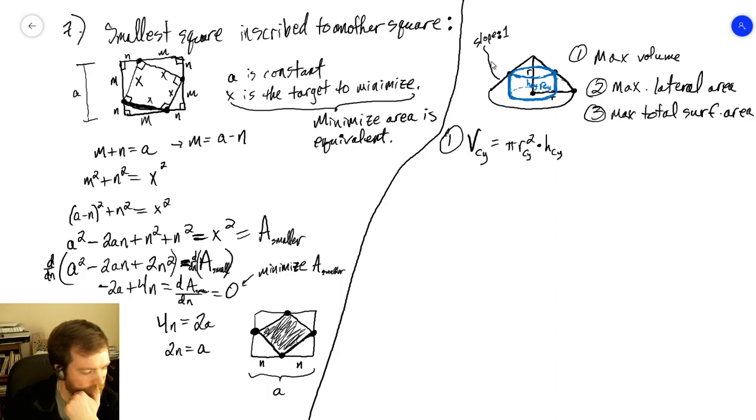Then the line equation is going to be, let's not do y, the height of the cylinder.